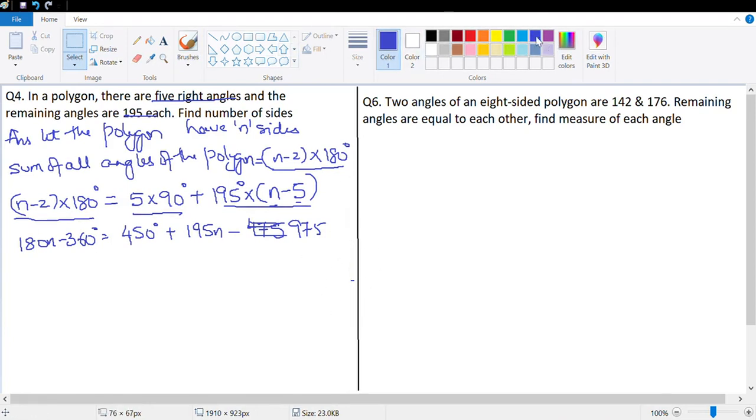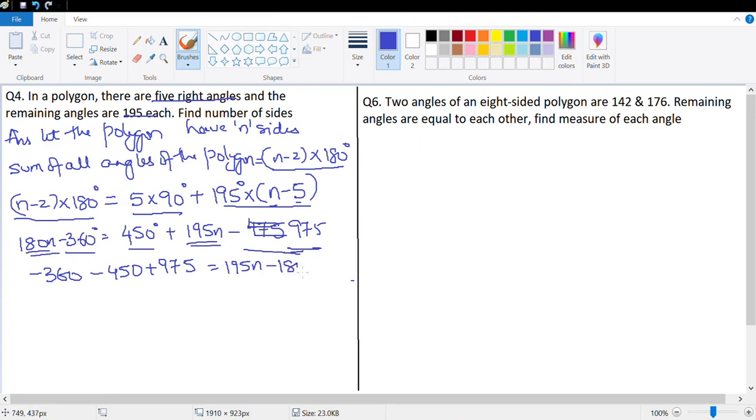Let's take negative 360 here. Let me take plus 975 on this side, and minus 450 on this side. So I've taken negative 360 and 450 on this side and 975 on the other side, and what I have on this side is 195n, and I take 180n to the other side, so minus 180n.